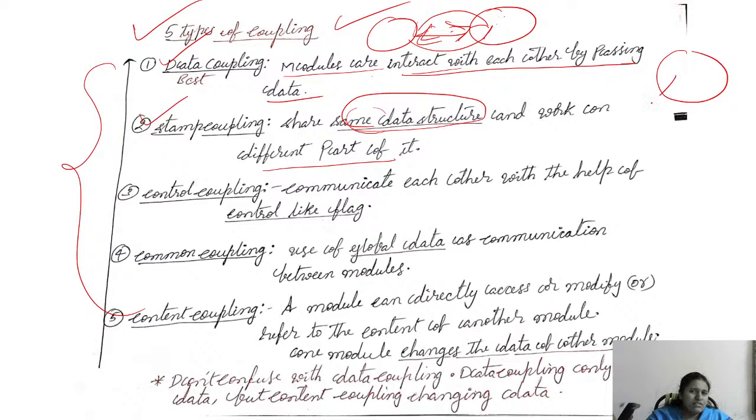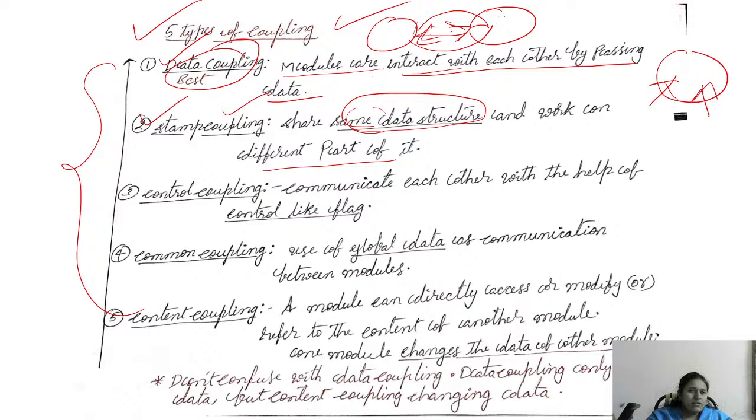Stamp coupling means sharing the same data structure but working on different parts of it. So the first and best coupling is data coupling, where modules interact by passing data. Next is stamp coupling, sharing a data structure and working on different parts of it.